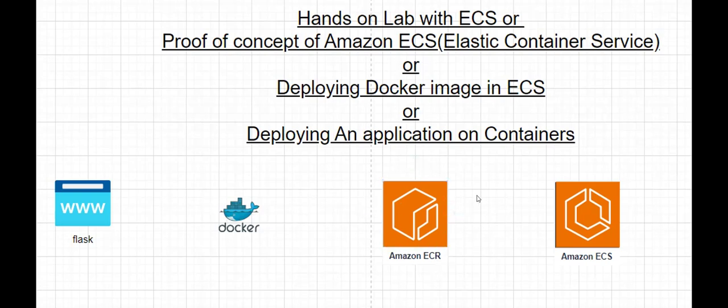Then in order to deploy it, we have ECS, that is Elastic Container Service. By using that service, we can create containers and deploy whatever Docker images you store under your ECR repository.